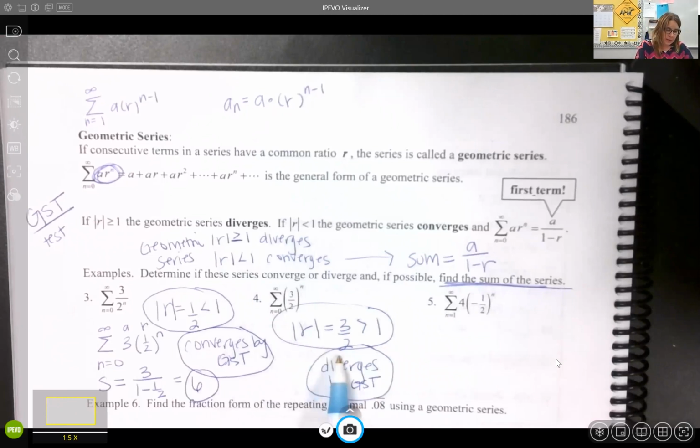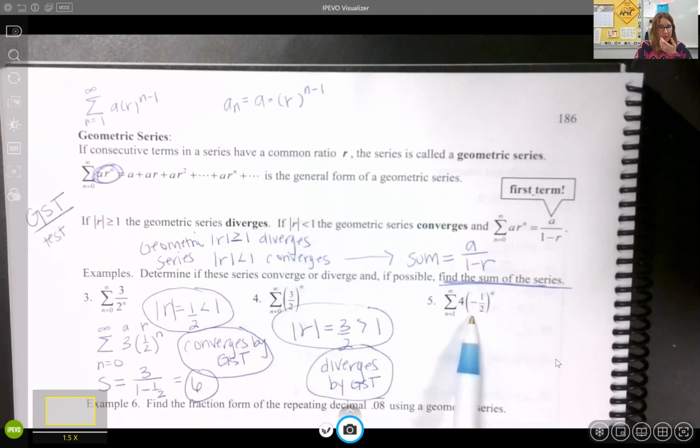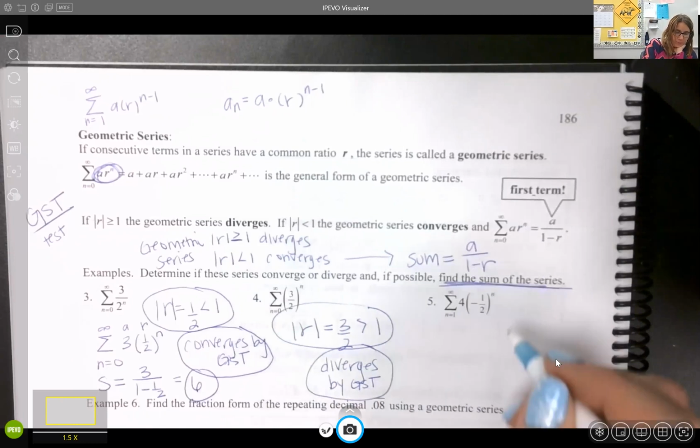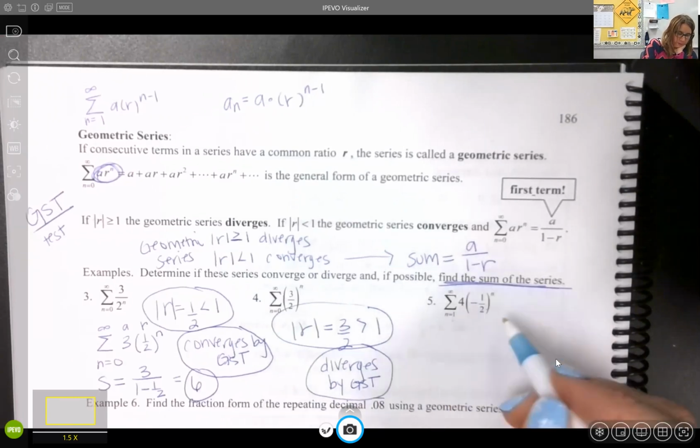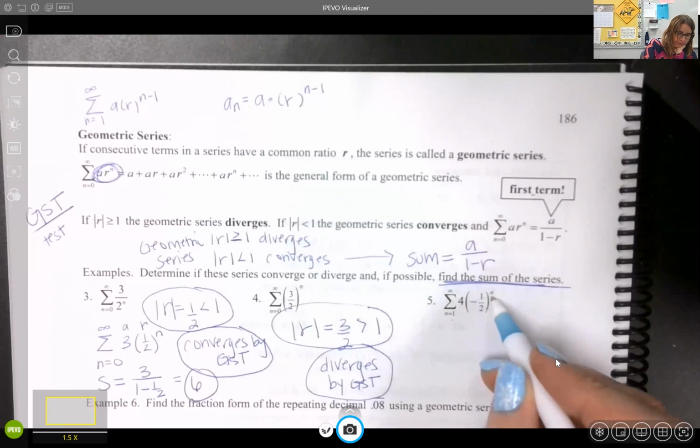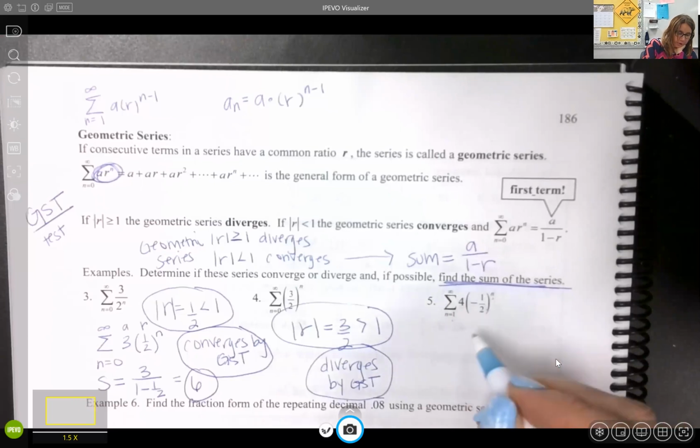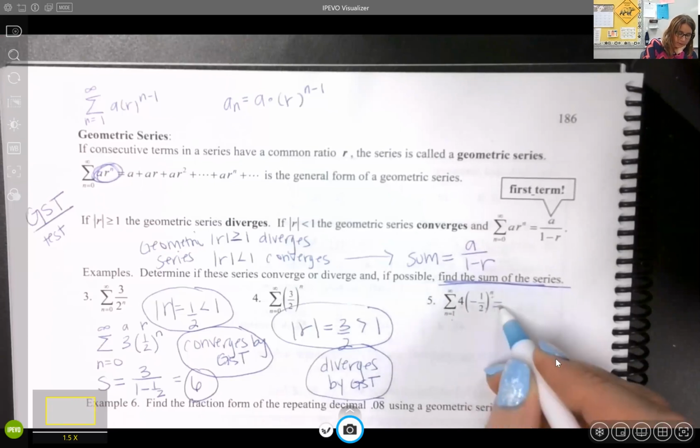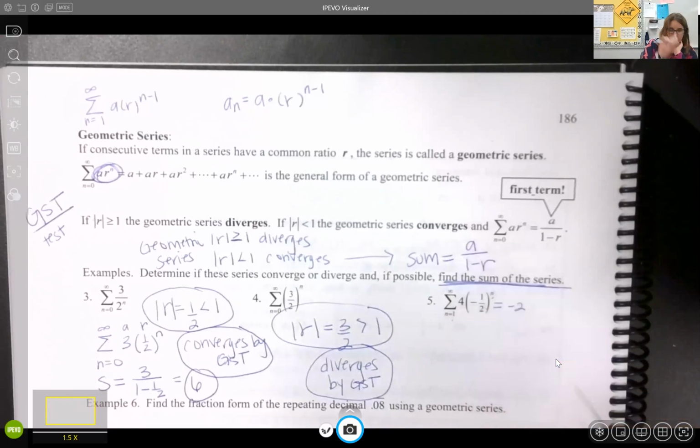Okay, so on this one, when you figure this one out, you have to look at, it starts at 1. These ones started at 0. This one starts at 1. Okay, so if I put in my first term, if I put a 1 in here, I would have 4 times negative 1/2. So my first term is negative 2.